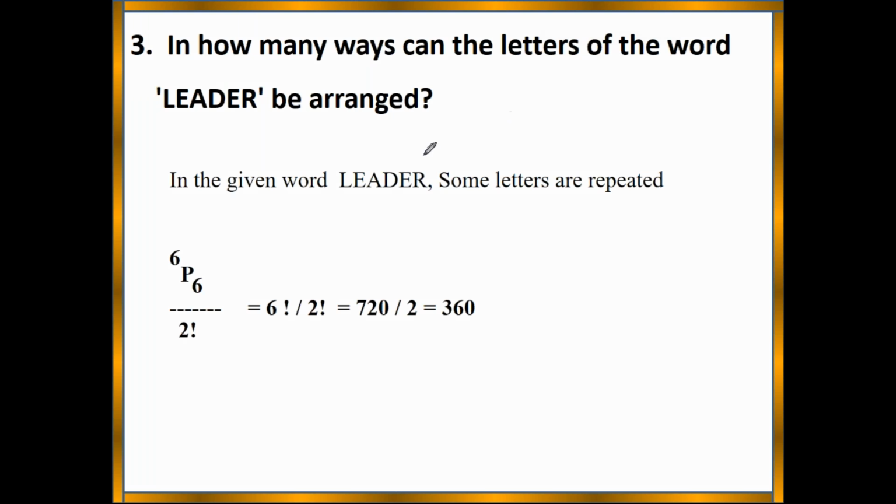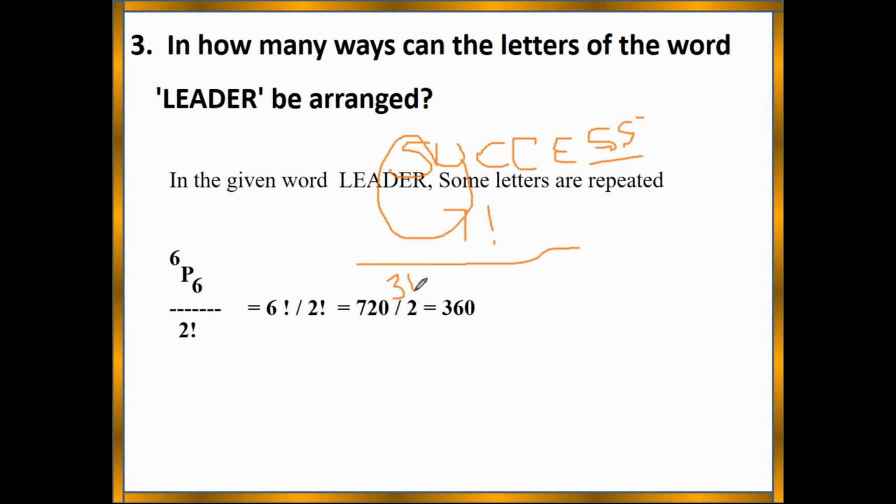For example, another word, ma. Success. The number of letters is 7, ma. 7P7 means 7 factorial by how many S's are there? 3 factorial, whatever the number of letters repeated.